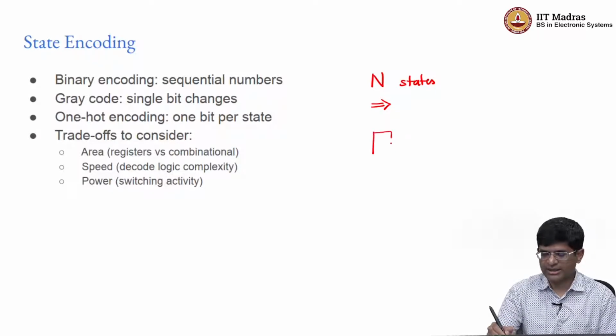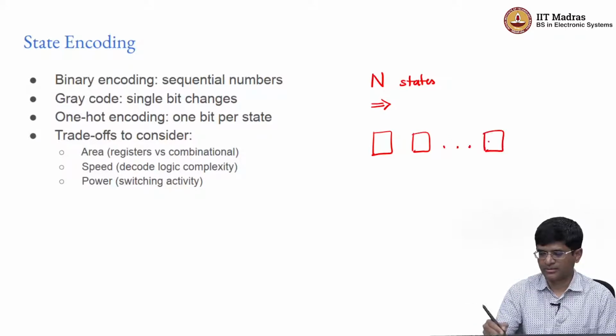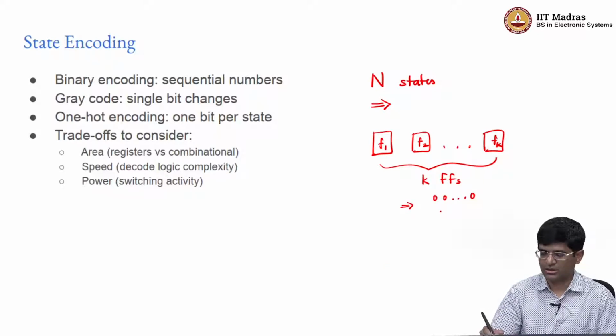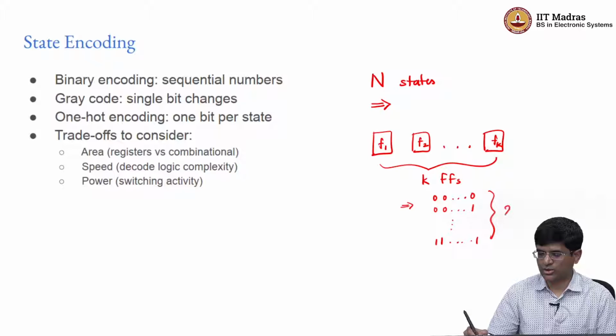Let us say that I have some k flip-flops, F1, F2 up to Fk. That means I could have 0, 0 up to all ones, which is 2 to the power of k different combinations.